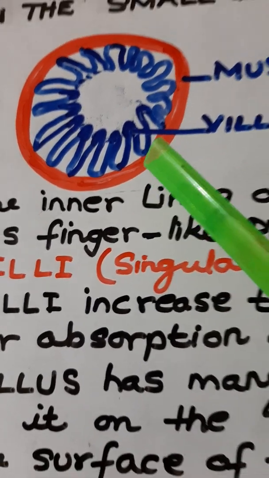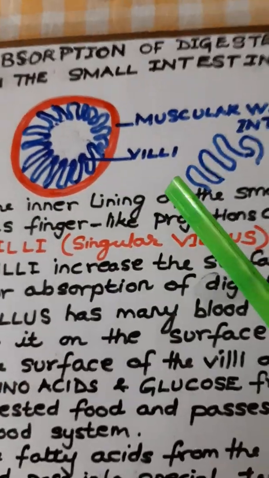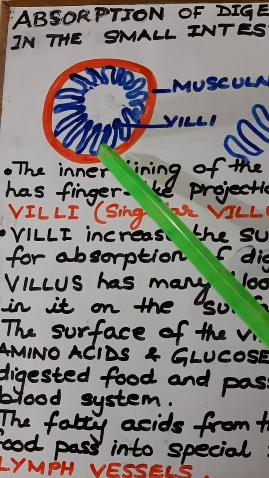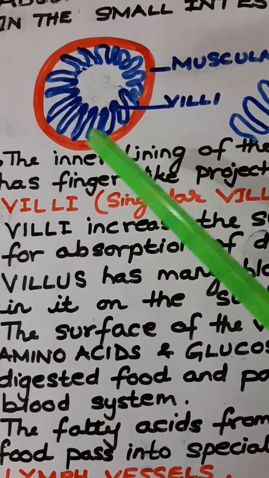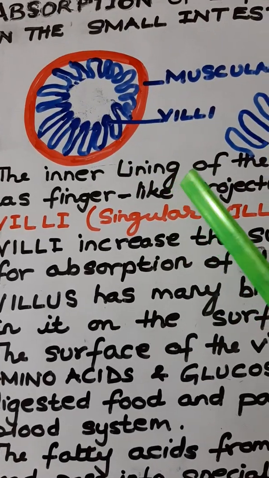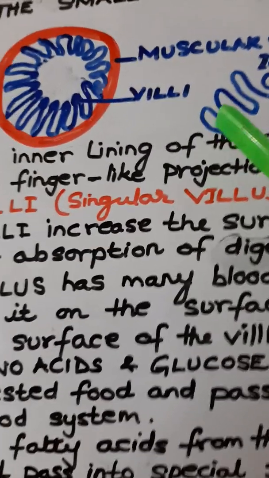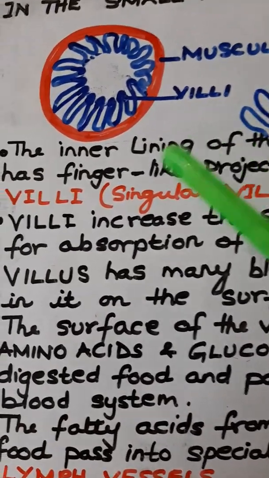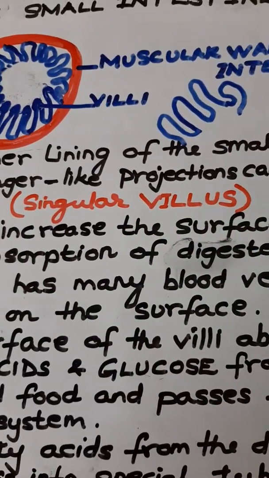This is the wall of the intestine, the red, the muscular wall of the intestine, and inside, in the inner lining of the intestine, these finger-like projections are known as villi. They look something like this. In plural we call them villi; singular, they are known as villus.